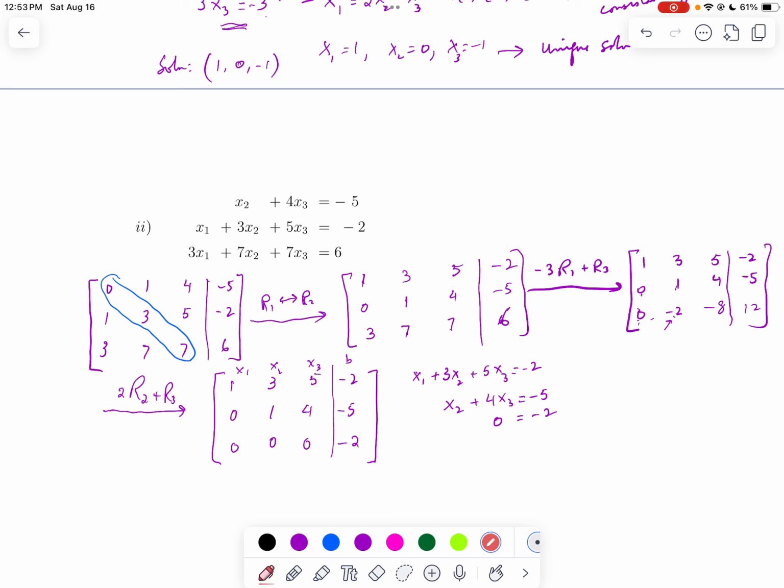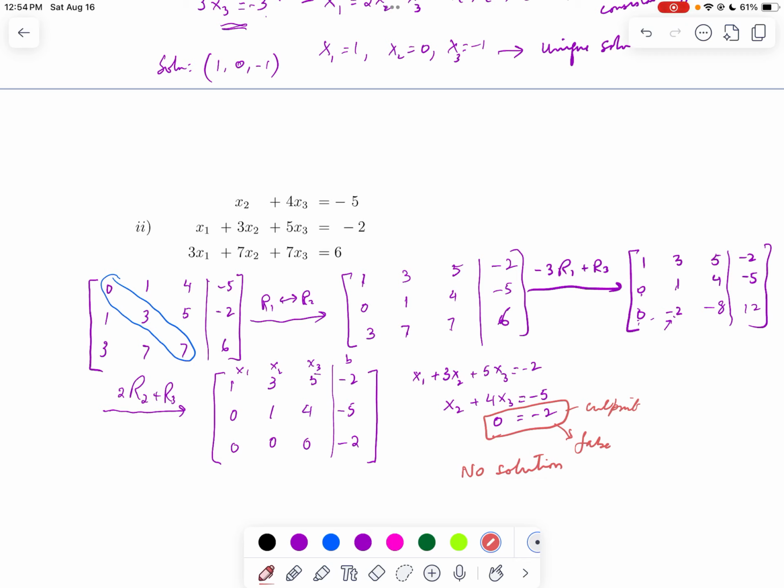Now this is the culprit, because it's wrong. This is false. So therefore we say no solution. When we say no solution, it means the whole system has no solution. It does not mean only that x3 doesn't have a solution.